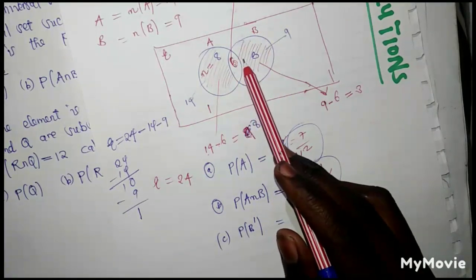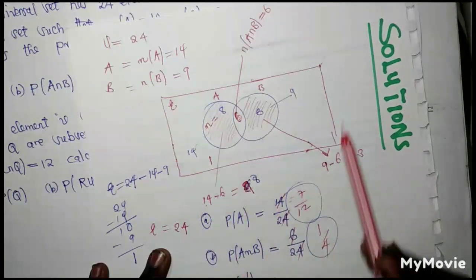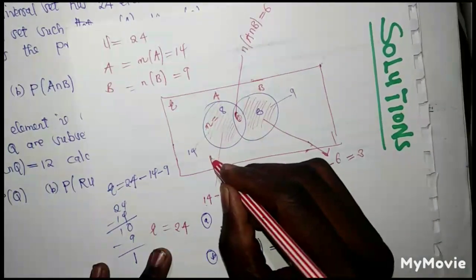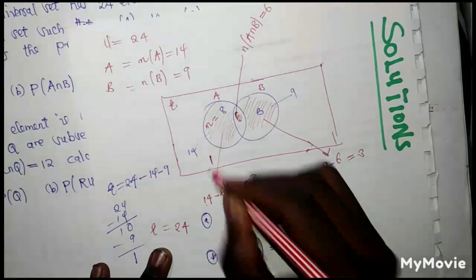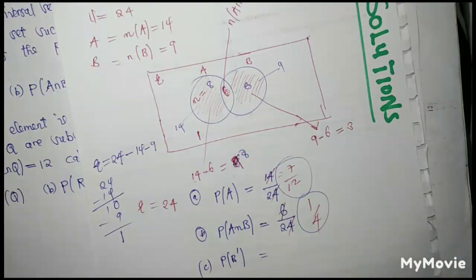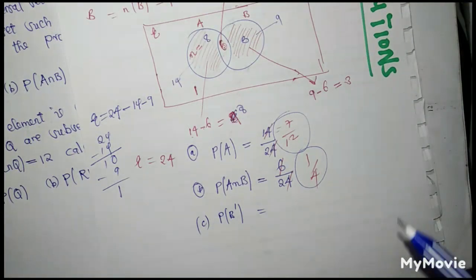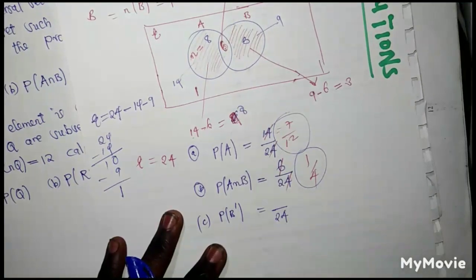But now we have 24 elements, so which means the one outside, which is neither in this set, it's simply just an element. We'll say it's 1. So it's one element which is there.